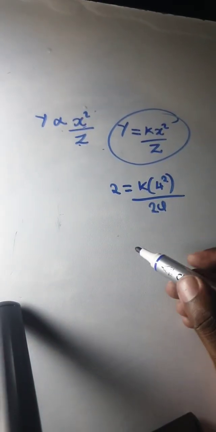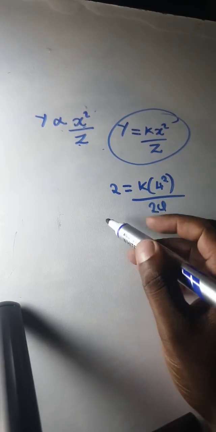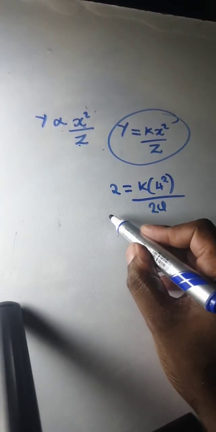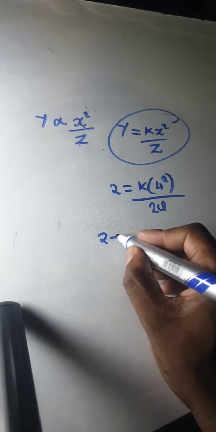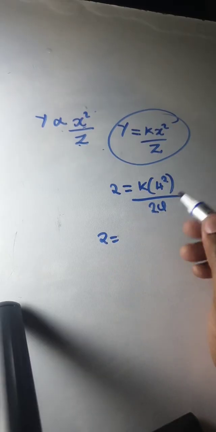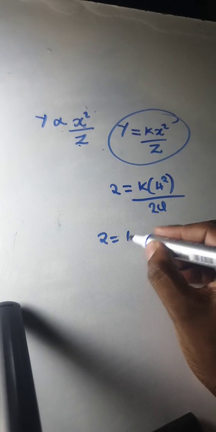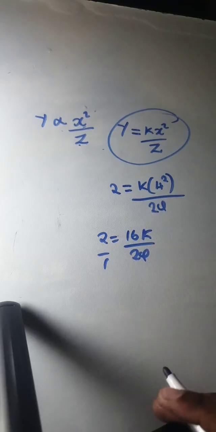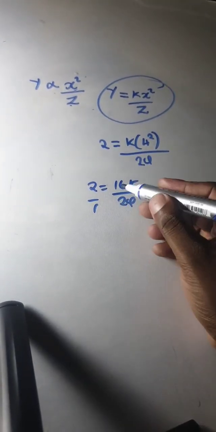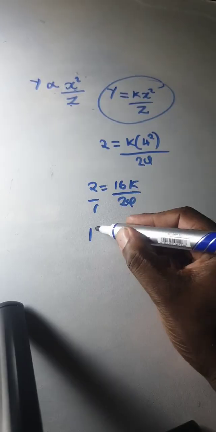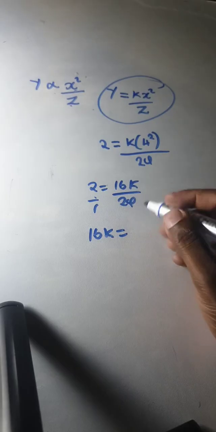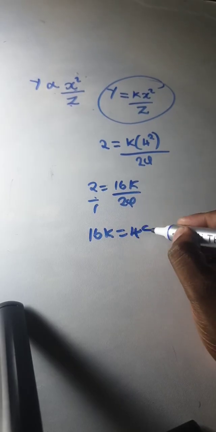Now, ladies and gentlemen, let's do this. What we have now is 2 equal to, what is 4 squared? That is 16. So we have 16k over 24. Then we can cross multiply. 1 times 16k is 16k, and 2 times 24 is 48.